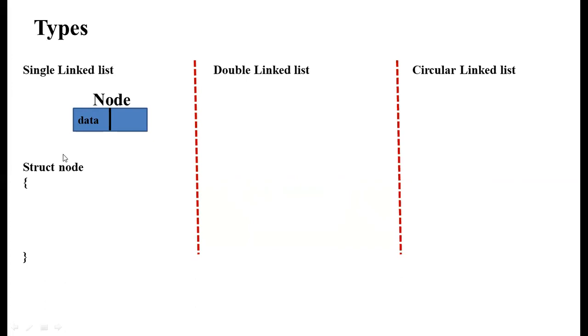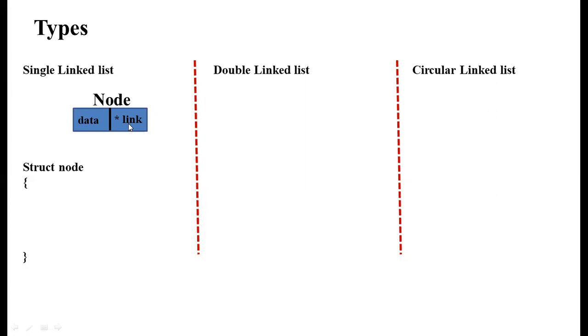But this is the link field, and it is compulsory. So whatever the data field is, no matter, but the link field is mandatory. This is a pointer field. How the node structure will be, all these things we will discuss when we come to single linked list concepts.